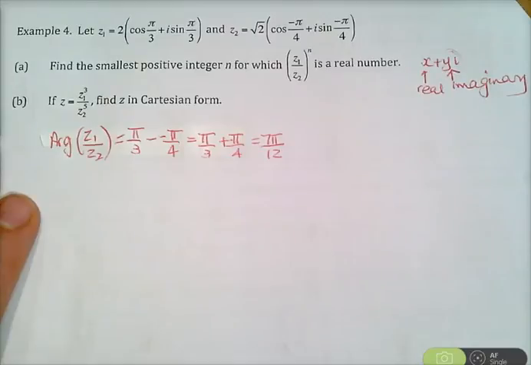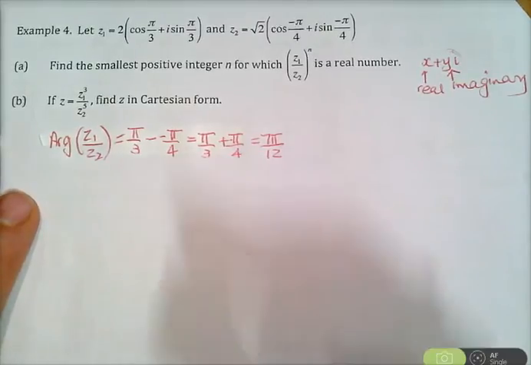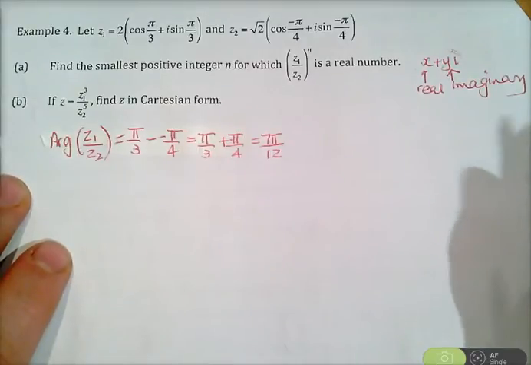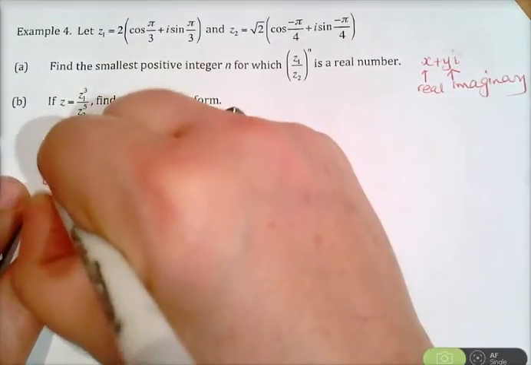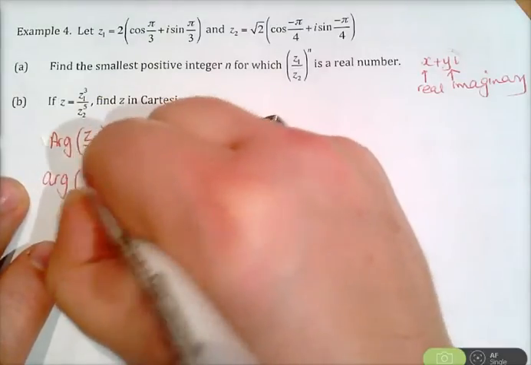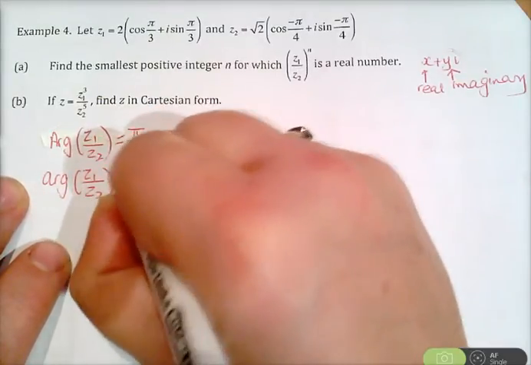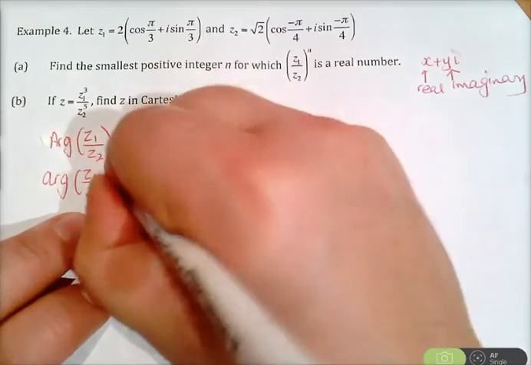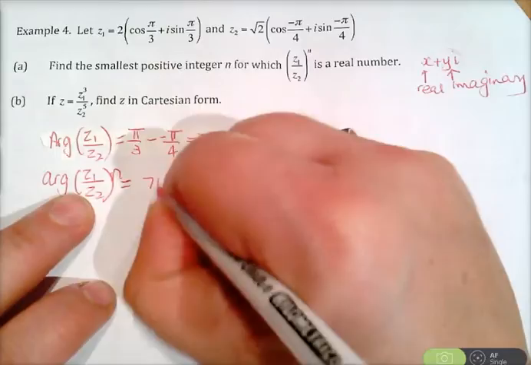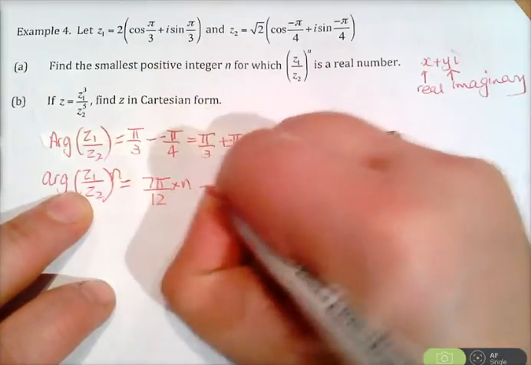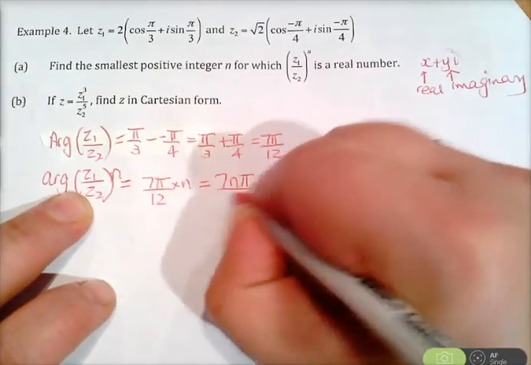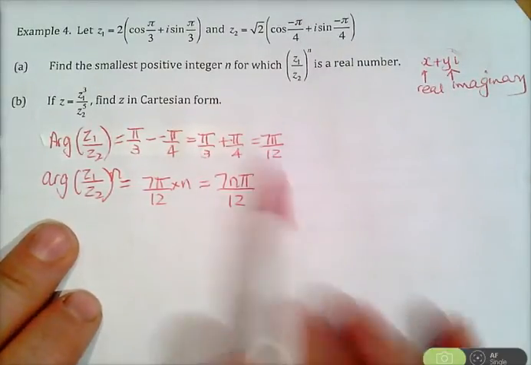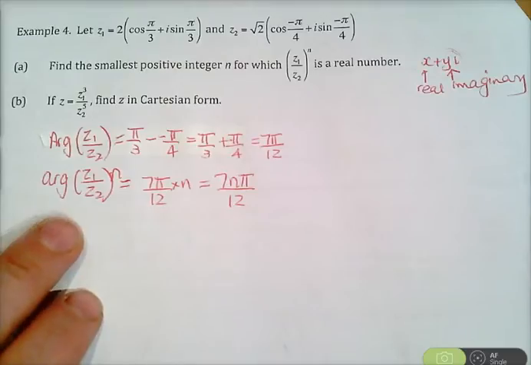Now 7 pi on 12 is a principal argument because it lies between negative pi and positive pi. Now the argument of (Z1 over Z2) to the power of n would be 7 pi on 12 times n, which is 7n pi on 12. Now, we need this argument to equal 0.